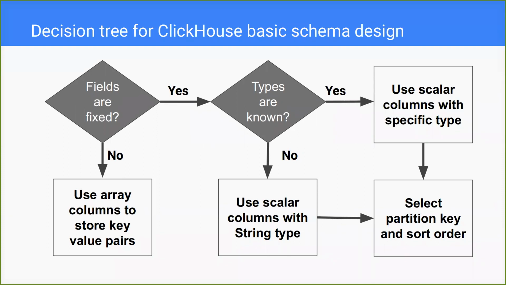And then the final decision that you need to make is you need to select a partition key. This is what is used to break data up into parts. You like to select a key that's what I call kind of a mama bear solution. It doesn't create too few parts. Just having 3 parts is not good, but having 1 million is not good either. So a very common partition key in time series data is to divide by month, and then you have a sort order.